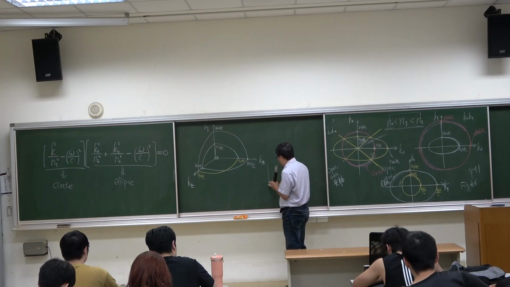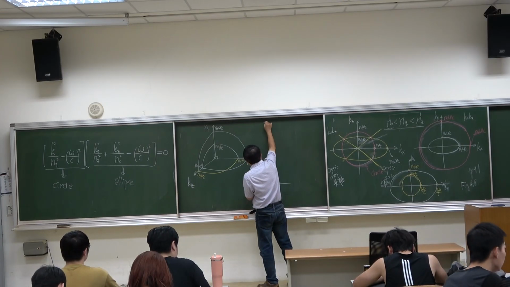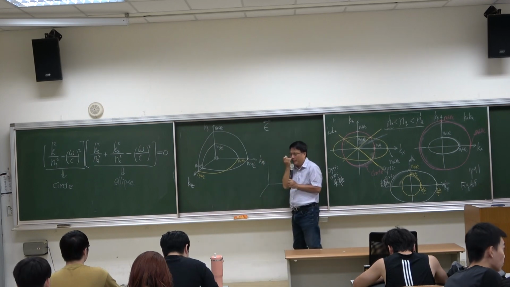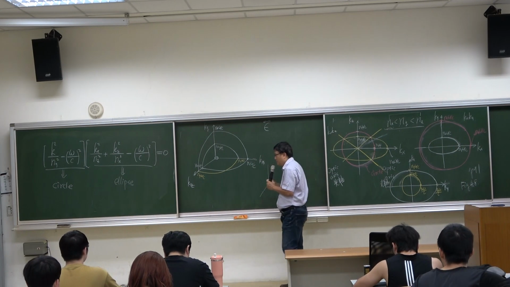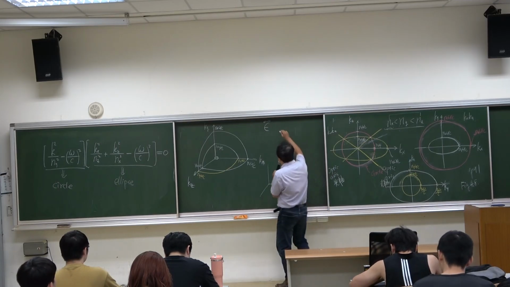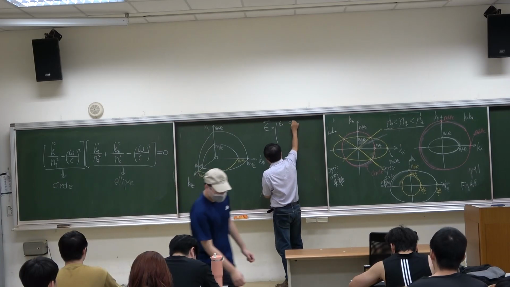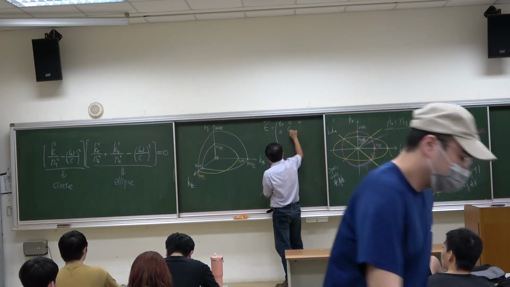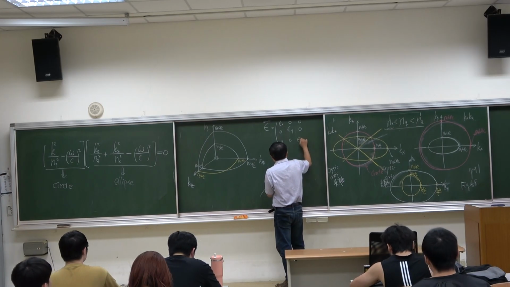We already know that the epsilon tensor, when we choose the so-called principal axis, becomes diagonal form: epsilon x, 0, 0; 0, epsilon y, 0; 0, 0, epsilon z.